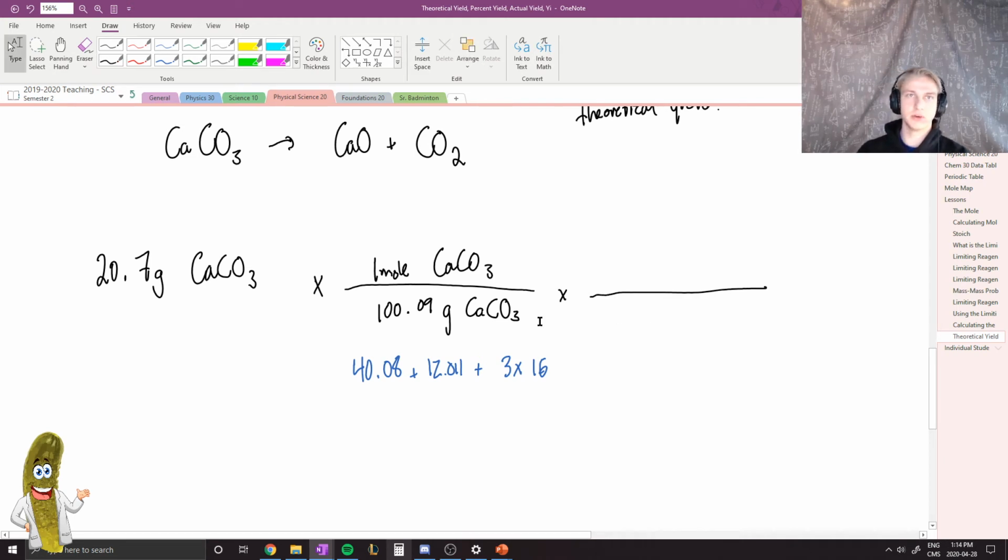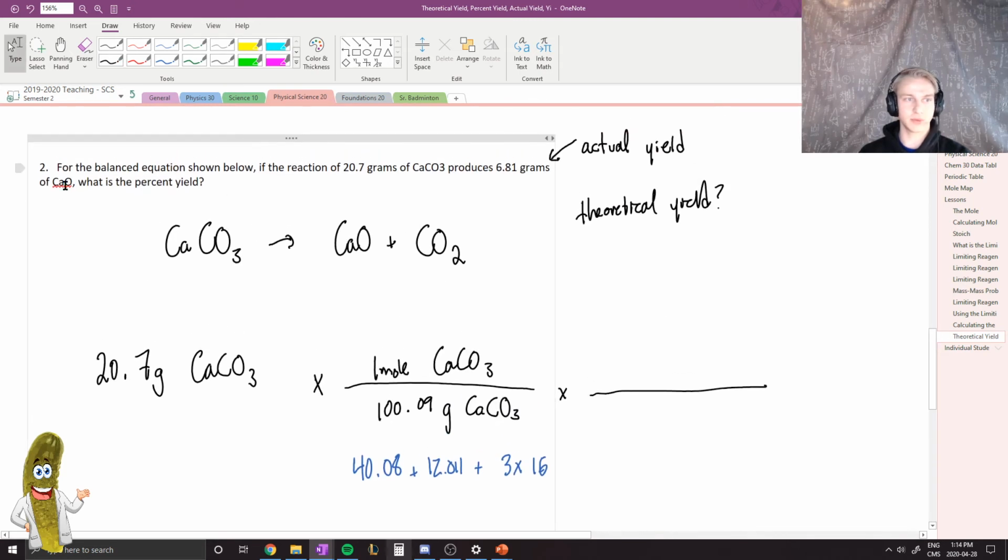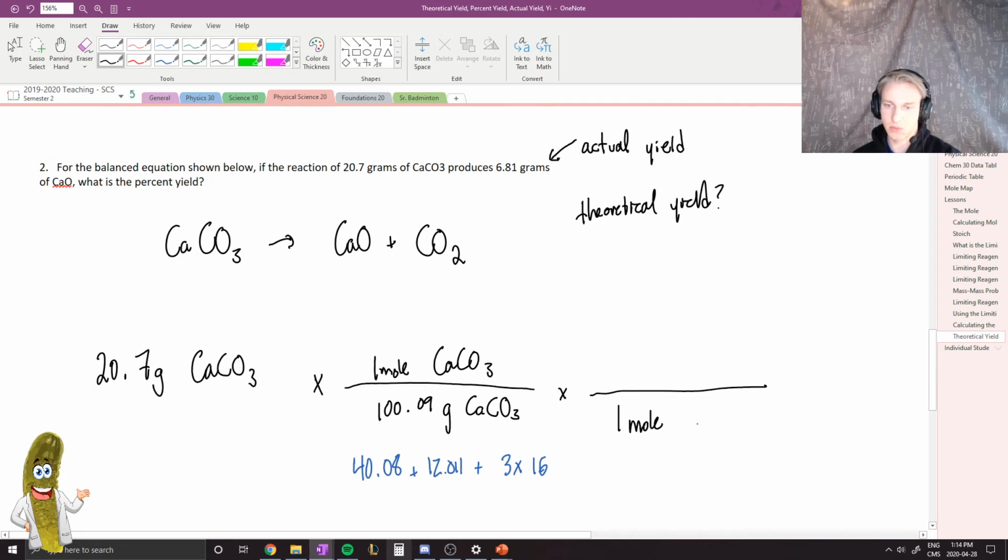And then what we want to do is, using the balanced equation, convert from moles of CaCO3 into moles of CaO. So 1 mole of CaCO3, so 1 in front of this number here, converts into 1 mole of CaO, so also 1 in front of this number.